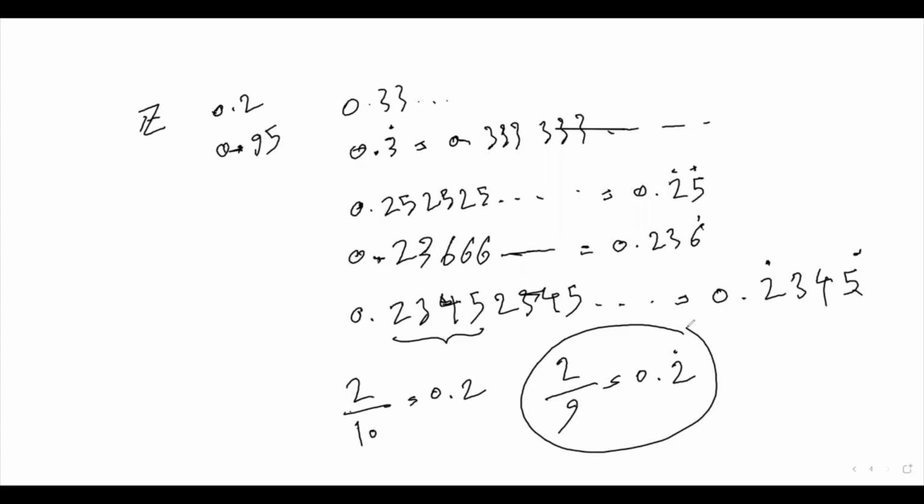Now, it's very straightforward. I mean, the method is easy to learn. So let's take a look at the one that I just told you, 0.2 with the repetition of 2. So how can you rewrite this as a fraction? And you know what a fraction means. A and B should be integers, right?